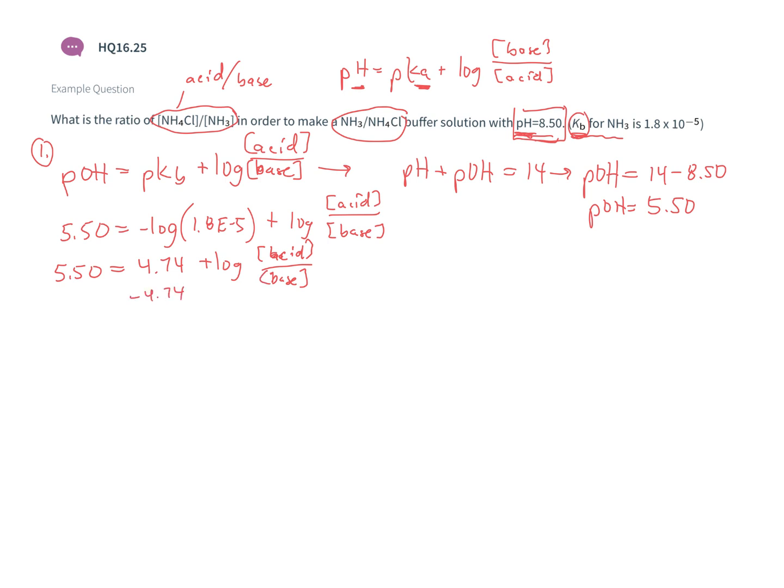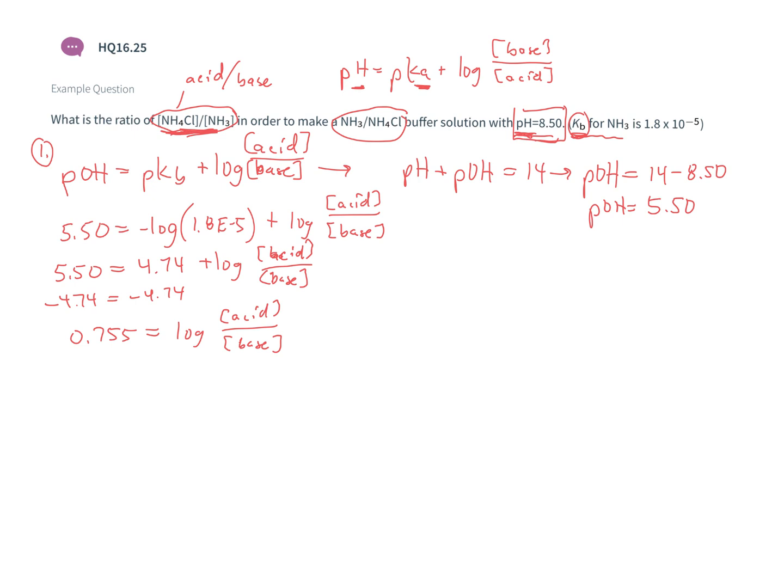Subtract 4.74 from both sides, and I get 0.755 equals the log of my acid over my base. To get rid of the log, I need this ratio, which is what I'm asked to find: the ratio of acid to base at this pH.